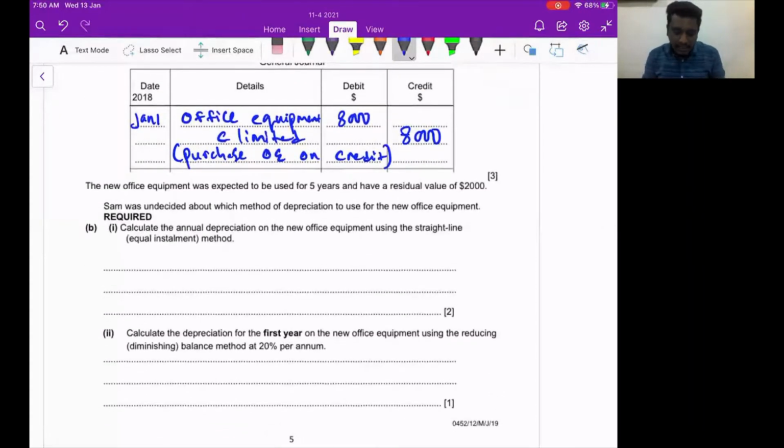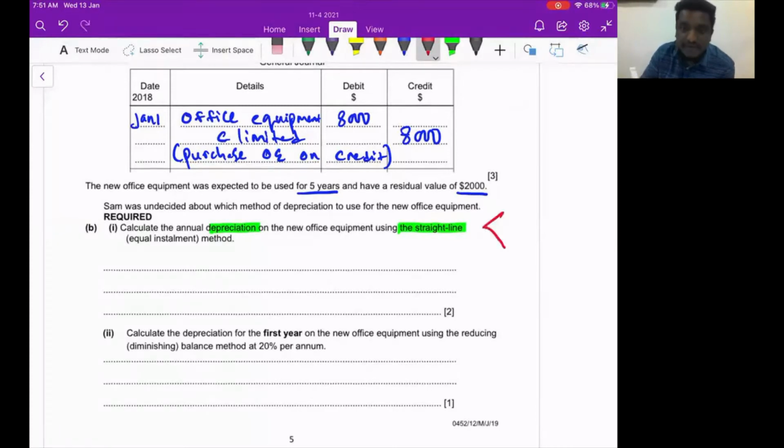The new office equipment was expected to be used for 5 years, and the residual value is 2,000. Sam was undecided about which depreciation method to use for the office equipment. Required: calculate the annual depreciation for 1 year using the straight line method.